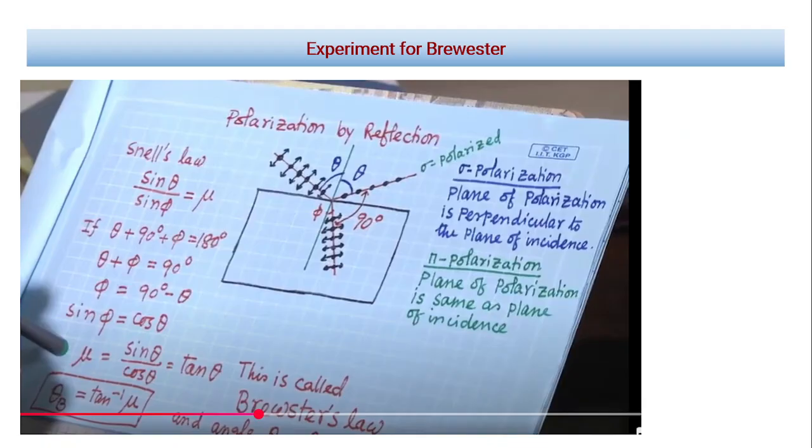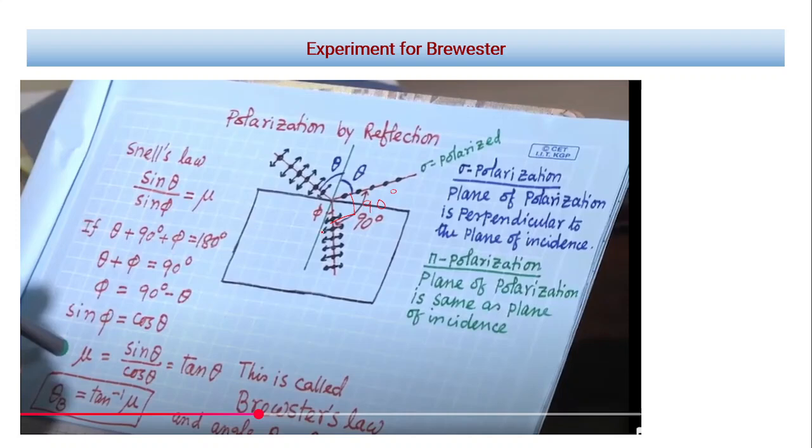Now we also have the situation where by reflection itself I can get polarized light instead of transmission or refraction. A particular angle is required here. It's very important. This happens at a particular angle, not for all the angles. At that particular angle, the incident unpolarized light, when it reflects, becomes sigma polarized. At that angle, the reflected and refracted lights are at 90 degrees to each other.